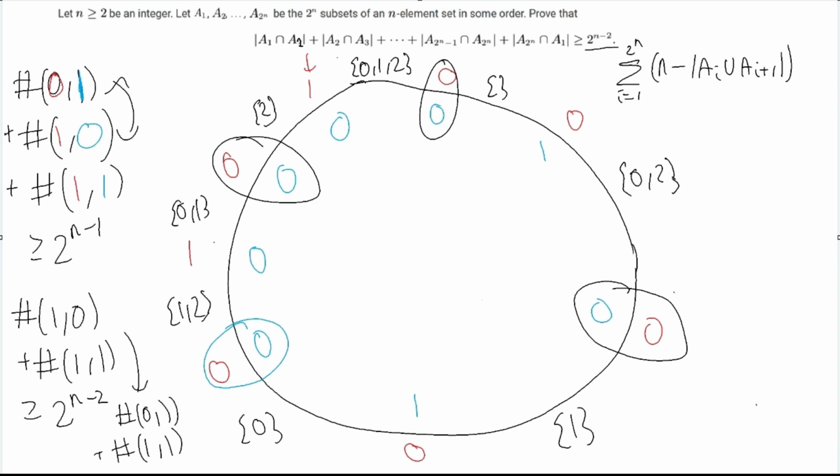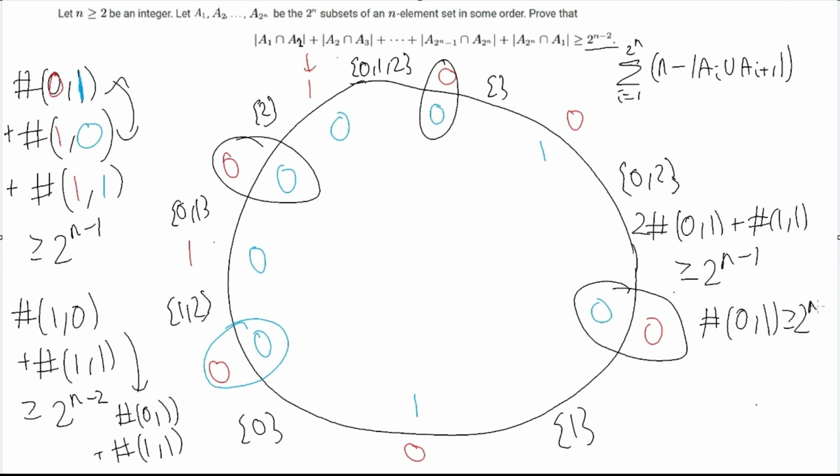So what we want to show, given that 2 times the number of 0, 1 plus the number of 1, 1 is greater than or equal to 2 to the n minus 1, is that the number of 0, 1 is greater than or equal to 2 to the n minus 2, plus the number of 1, 1.